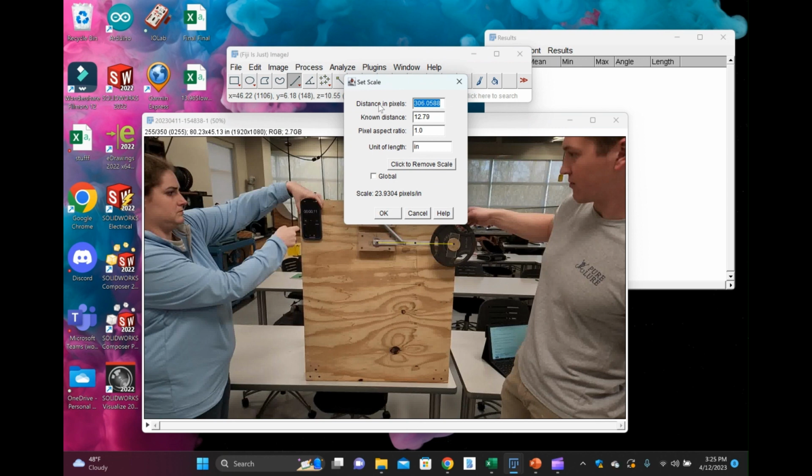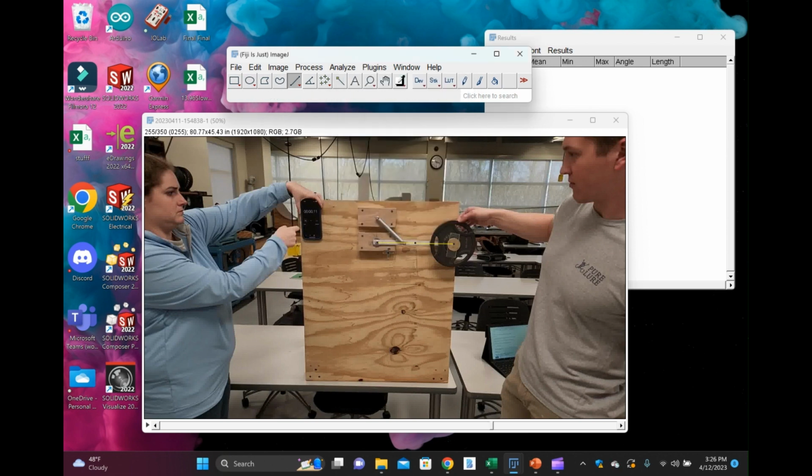It's saying that this distance is 306.0588 pixels. And measuring in real life, we know that arm is 12.875 inches. And that lets the computer know our scale. So now that we have established the pixel to inch ratio, we're able to properly analyze this video.